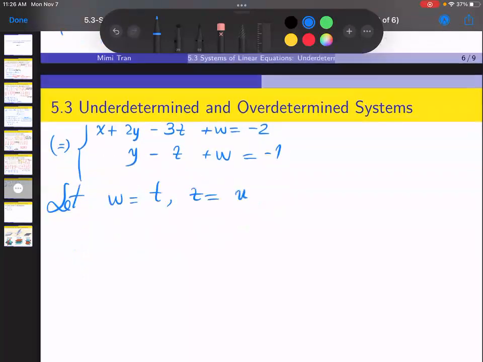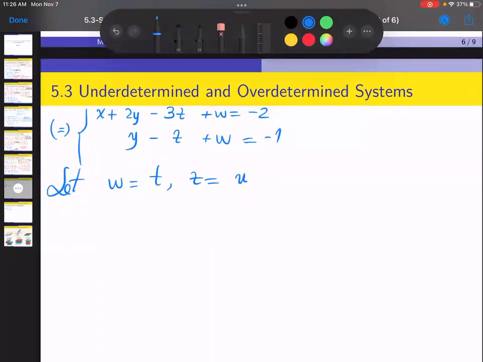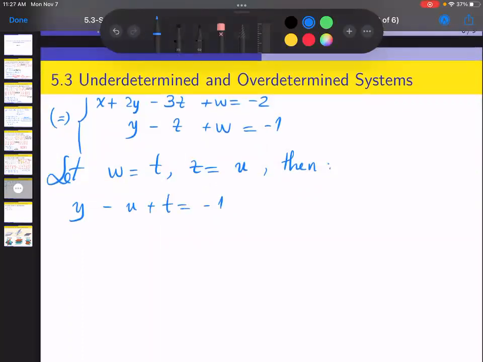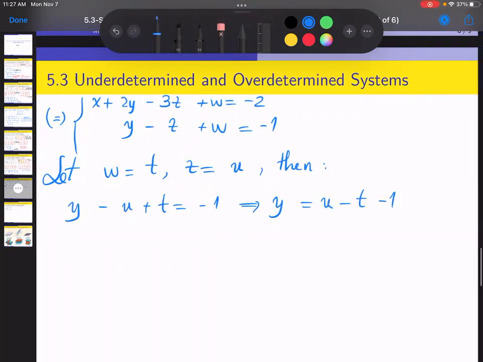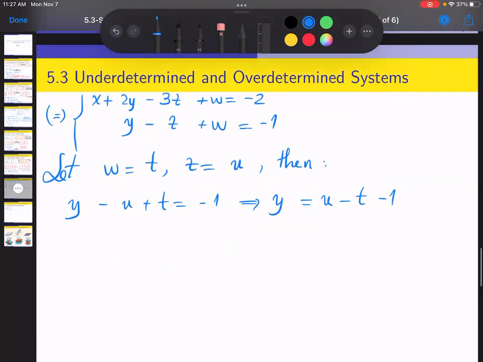All right, so what's Y equal? If W is T, Z is U, then Y equal, minus U plus T equal -1. And then you solve for Y. U minus T minus 1. What about X? Plug it back in.